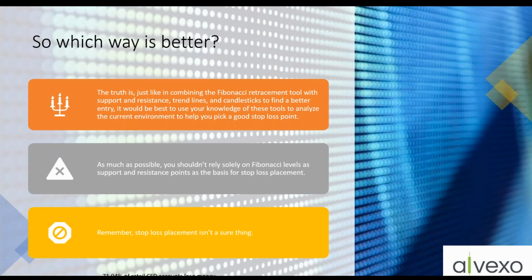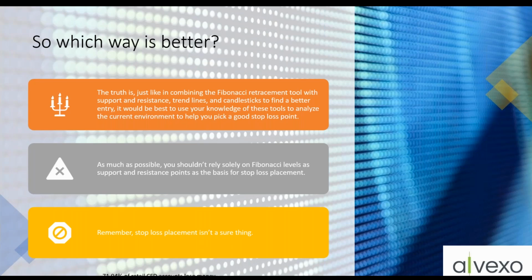So the truth is, just like in combining the Fibonacci retracement tool with support and resistance levels, trend lines, and candlesticks to find a better entry, it would be best to use your knowledge of these tools to analyze the current environment to help you pick a good stop loss. Again, they are only alerts, they're only pointers, they're only pieces of information that you should be incorporating in your whole knowledge base when you're looking at an asset.